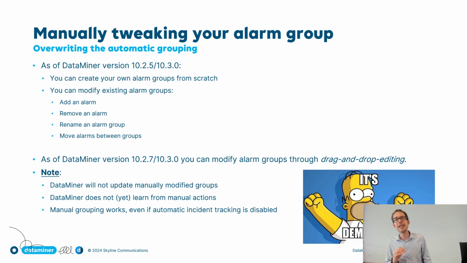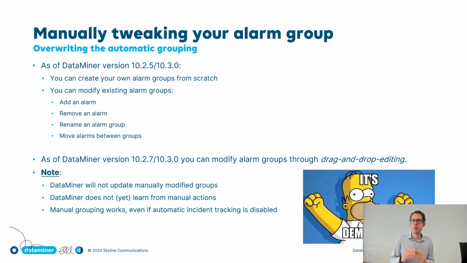First of all, DataMiner will not update manually modified groups. What do I mean with this? Well, assume that DataMiner has created an automatic group, an incident, and you don't really like it. You feel like maybe you want to add a few alarms and maybe remove a few. Well, you are now free to do that.